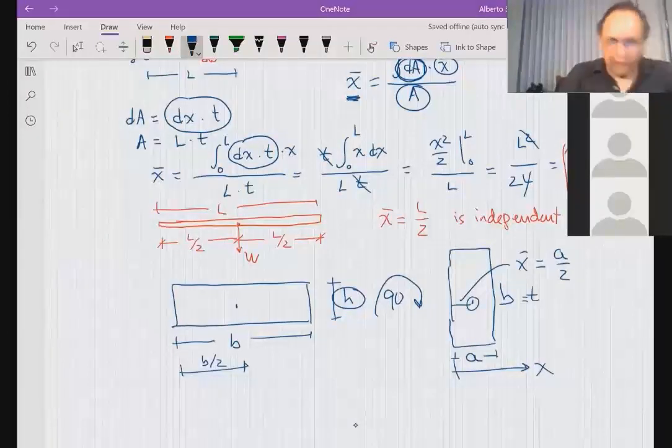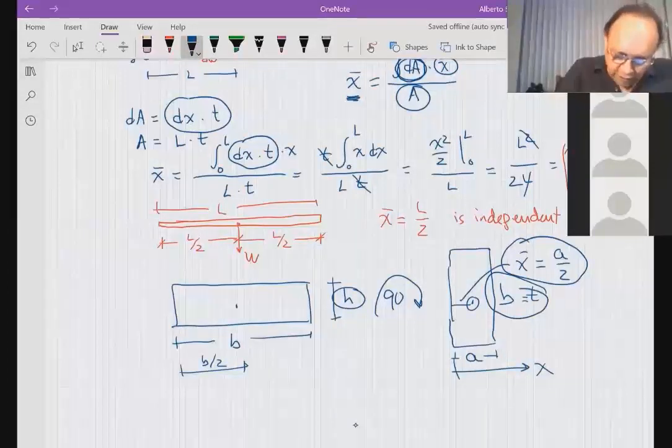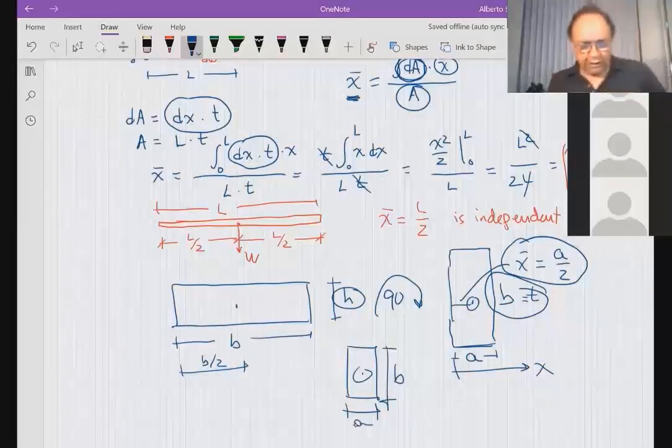Now B is a very large dimension, but it doesn't matter because the location of the centroid doesn't depend on this dimension. It only depends on this dimension. So now we know that for any rectangle, the center of gravity is in the middle of the dimensions of the rectangle, A over 2 and B over 2.